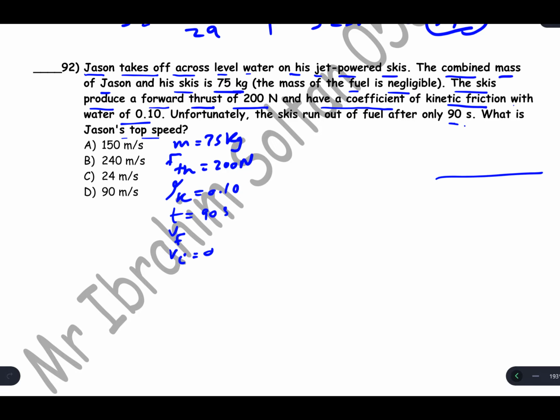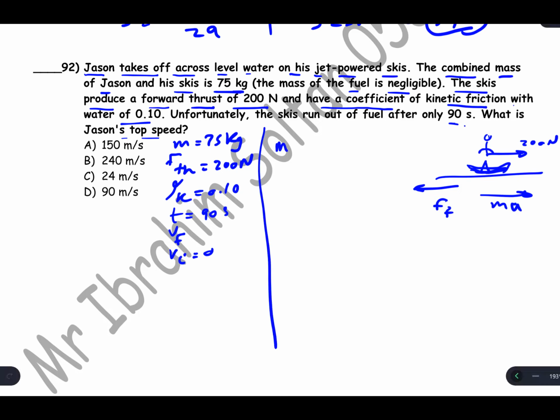So, this is the skis, and this is Jason, and this is the thrust forward force, 200 Newtons. This is the F friction, and he moves this way, so this is the Fx. So MA equals F thrust minus F friction force, right, guys?